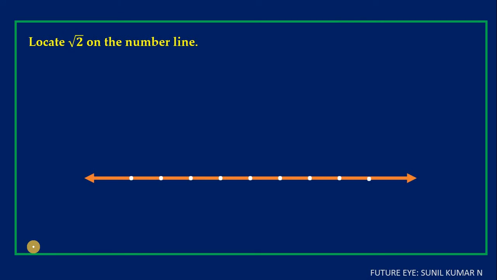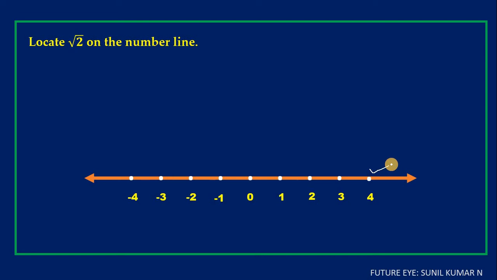You have to mark the points like that, and then give the numbers for that. 0, 1, 2, 3, 4, and left of the 0 -1, -2, -3, -4. And there is no rule that you have to take up to 4 itself. It is also left to your wish.